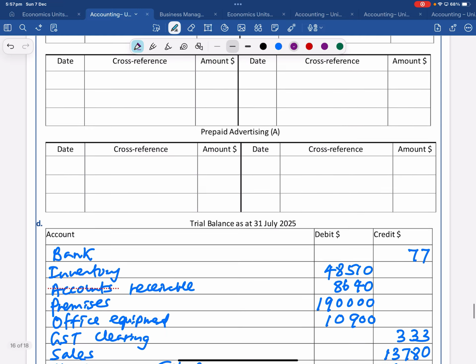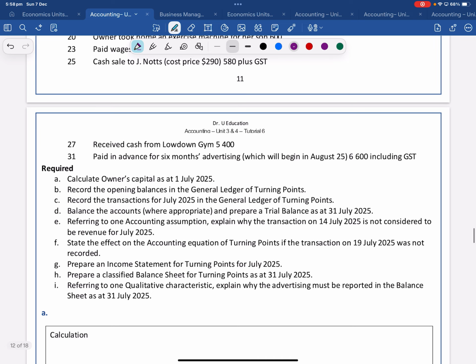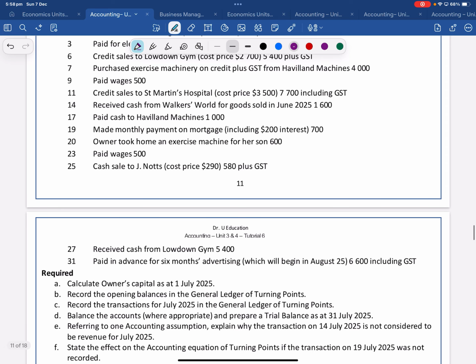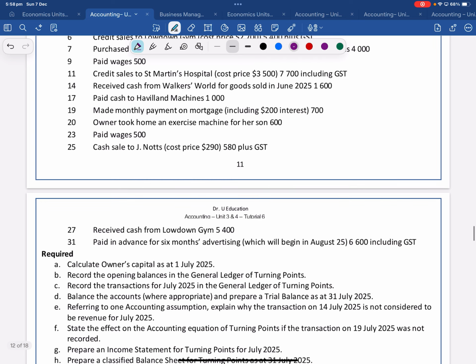Right. Part E. Referring to one assumption, explain why the transaction on the 14th is not considered to be revenue for July. Received cash from Workers World for goods sold in June. This one we can explain from which assumption? Accrual basis.